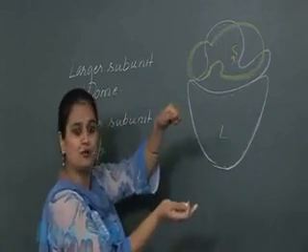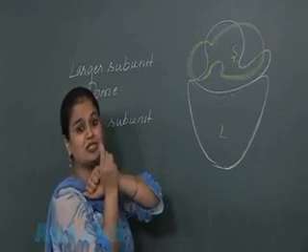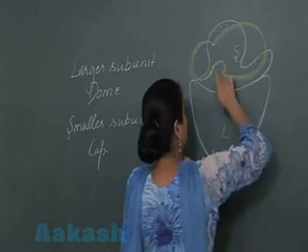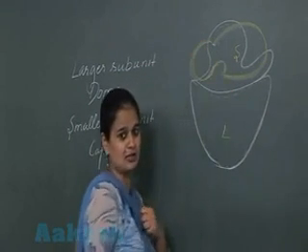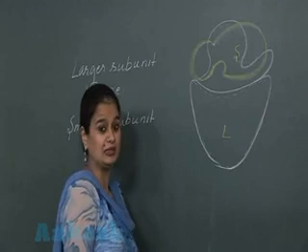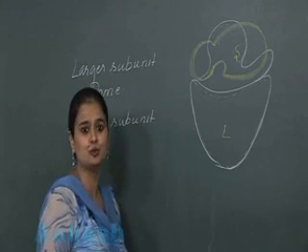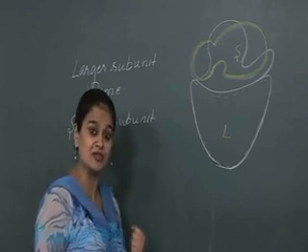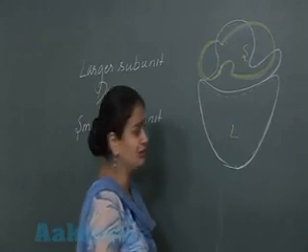The positioning of the smaller subunit over the larger subunit will be such that a tunnel forms in between. Yes, there is formation of a tunnel, and through this tunnel there will be passage of RNA, that is the messenger RNA. So you are getting this?